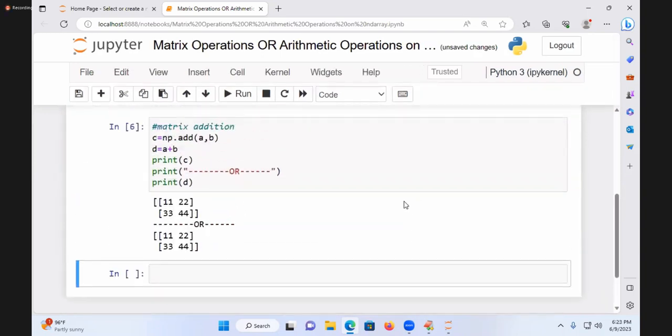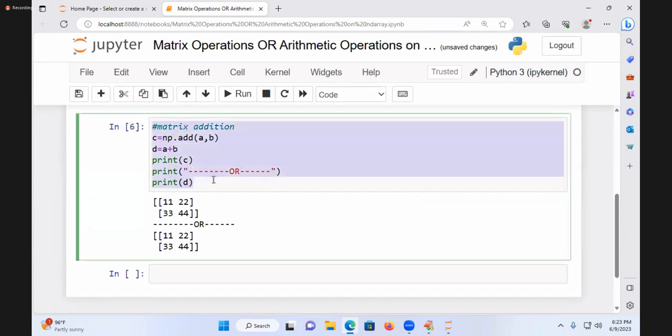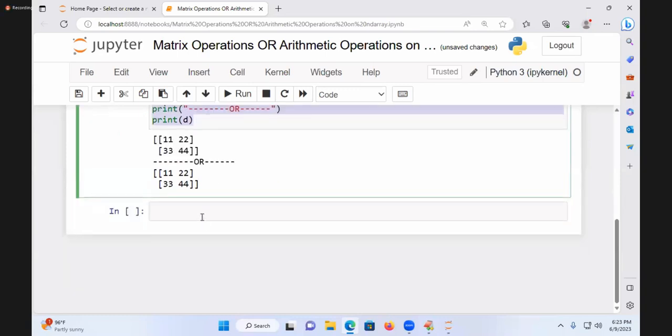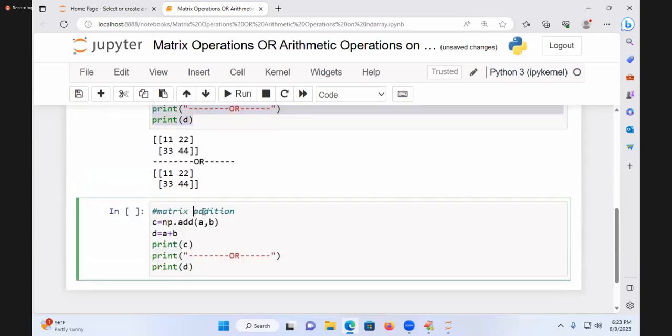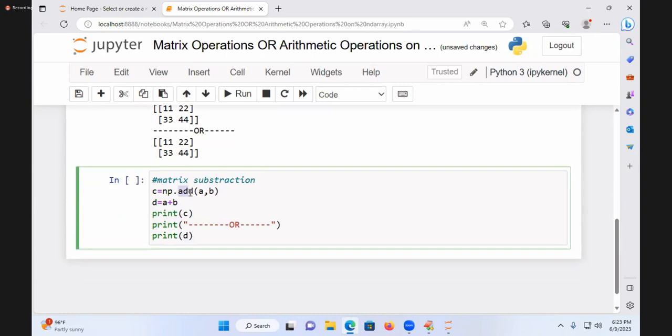Similarly, students, don't take much time. Go for matrix subtraction. I'm going to enter into matrix subtraction. I say sub of A, B. You can also use minus.